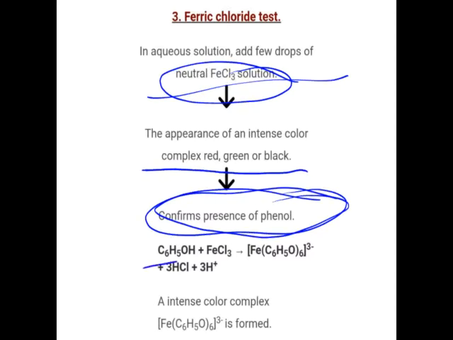This is phenol, C6H5OH, and this is ferric chloride. We add the neutral solution of ferric chloride to the phenol, and it forms this complex. This complex is an intense colored complex. It may give red, green or black color depending upon how much you have added.